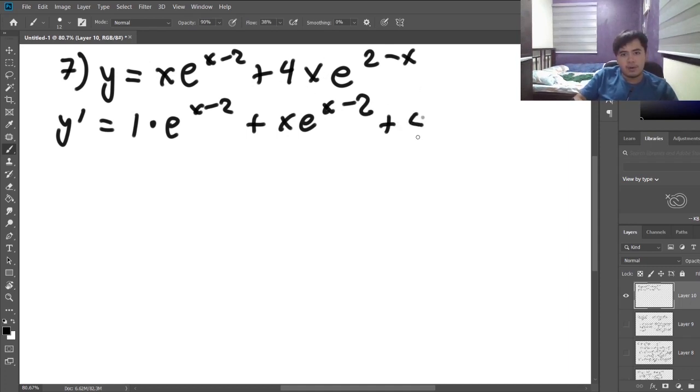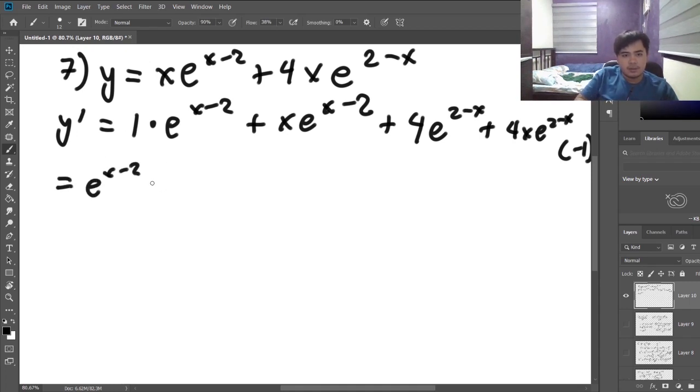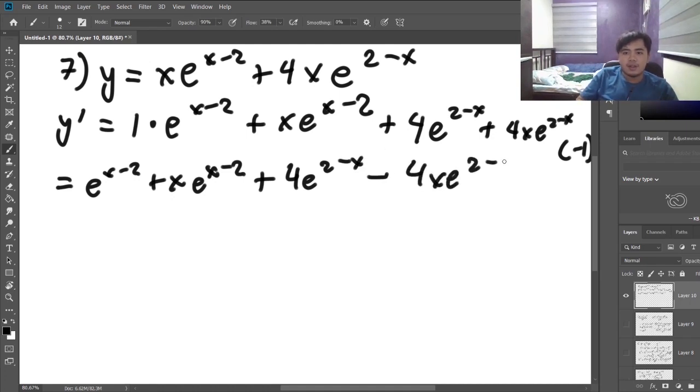Derivative of the first is 4, then e to the 2 minus x, and then plus 4x e to the 2 minus x, and then the derivative of 2 minus x is negative 1 now, so we have to pay attention to that. So rearrange this a bit. E to the x minus 2 plus x e to the x minus 2 plus 4e to the 2 minus x minus 4x e to the 2 minus x.